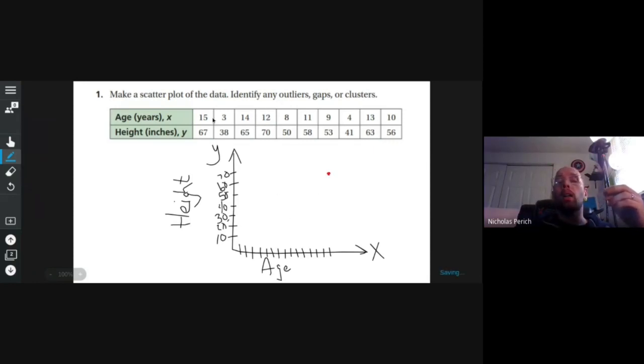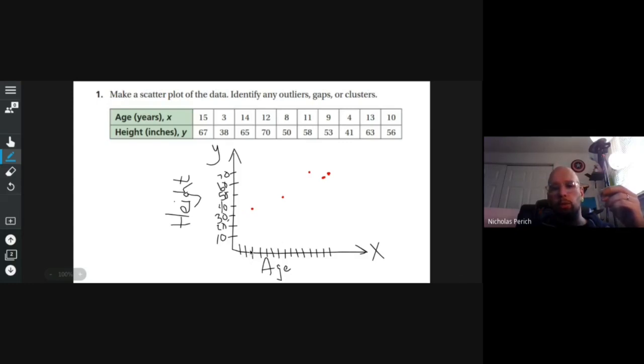No, not even close. 3, 38 is going to be probably around there. 14, 65, right around there. 12, 70. Ooh, that's a tall bowl. 8 is 50, so let's put that right around there.